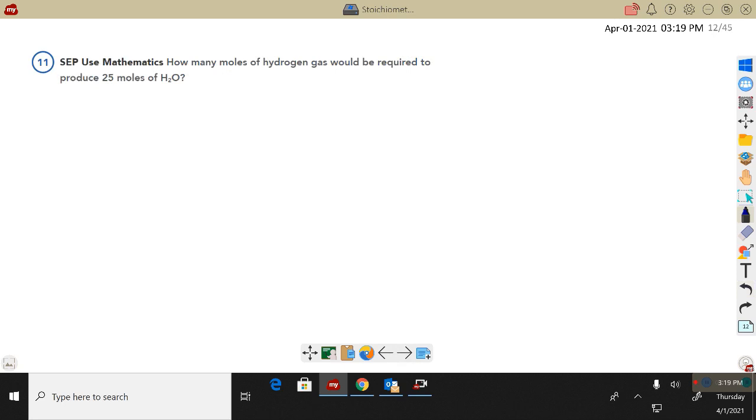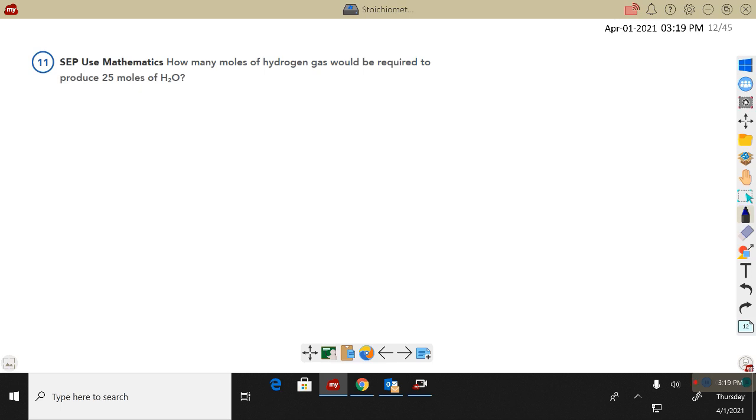So check out number 11. In 11, we're going to use the same balanced equation, but this time we're going to look at moles of hydrogen. How many moles of hydrogen gas would be required to produce 25 moles of water? Fantastic. This is stoichiometry.